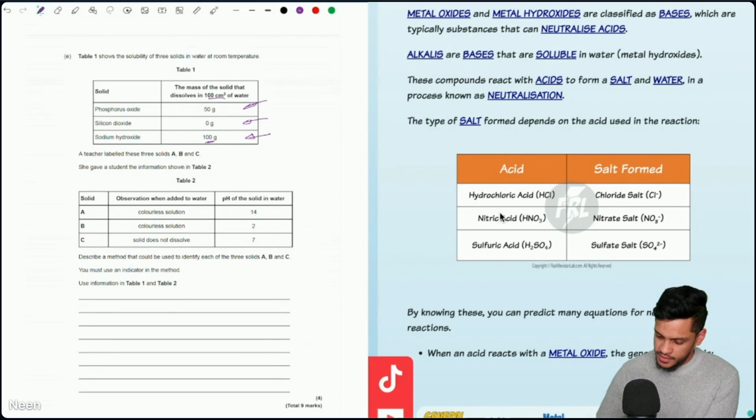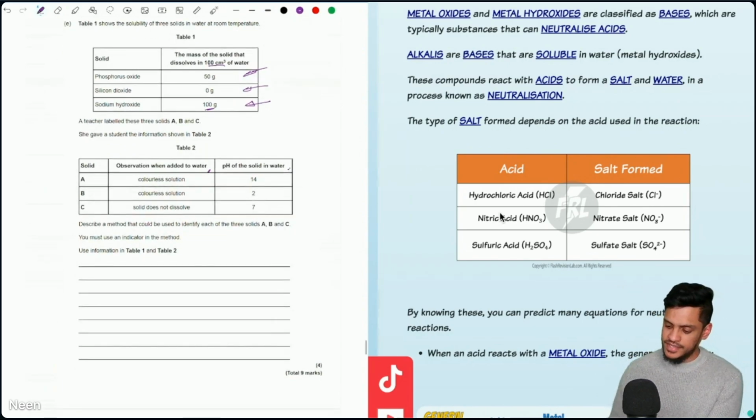So what they've done here, they've added water to it, and then they've measured the pH. Describe a method that could be used to identify these 3 solids A, B, and C. So what's this step here? What has the student done here? It's literally told you. And how has the student got these?